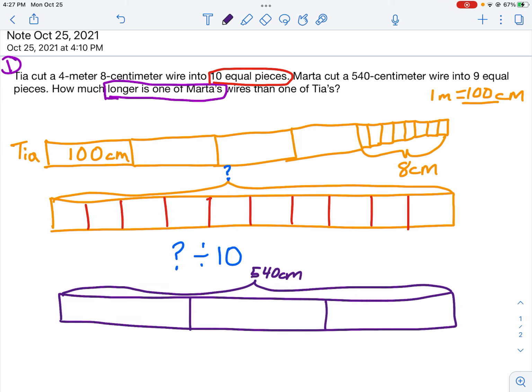I'm going to cut it into thirds first, and cut each piece into thirds. So I'm going to have 9. So cutting into different pieces, that should tell you that we're doing the same thing. And once you figure out what you have, then you need to compare. So how much longer?